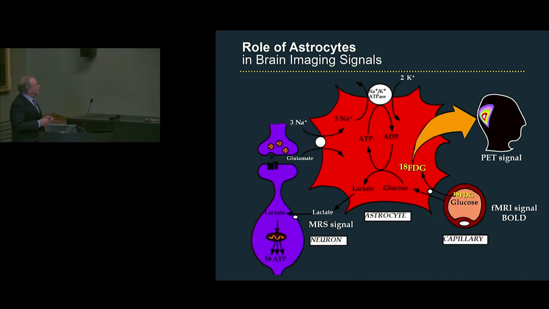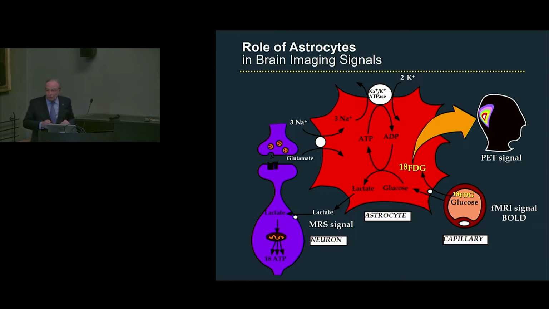I will not spend too much time on this, but essentially the message here is that when using the fluorodeoxyglucose positron emission technique to visualize activity in a given brain area or throughout the brain, the signal essentially during activation, maybe also to a certain degree during basal activity, actually originates from the astrocytes.